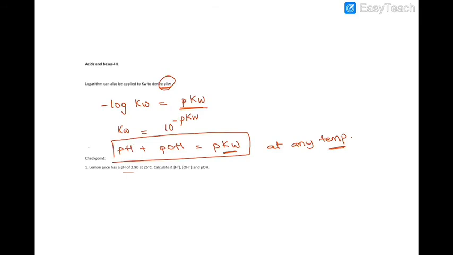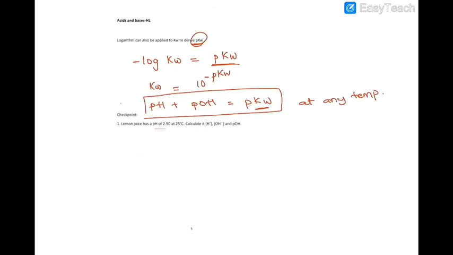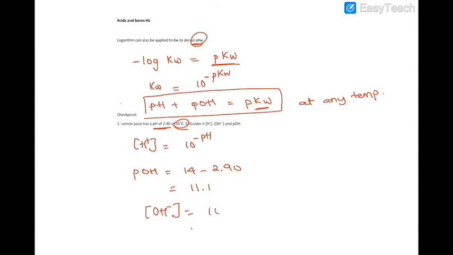Now let's see how we can apply pH and pOH. So if we have a lemon juice of pH 2.9, from the pH I can find H plus concentration, it's 10 to the power of minus pH. From the pH I can get the pOH, which at 25 degrees Celsius is 14 minus 2.9, so 11.1, and then I can find the OH minus concentration, so 10 to the power of minus 11.1.